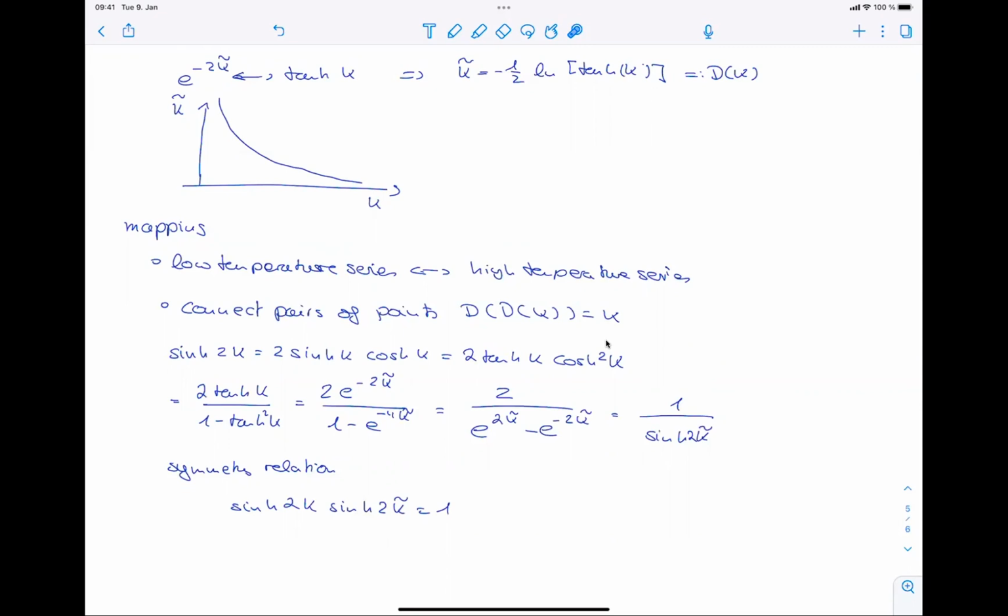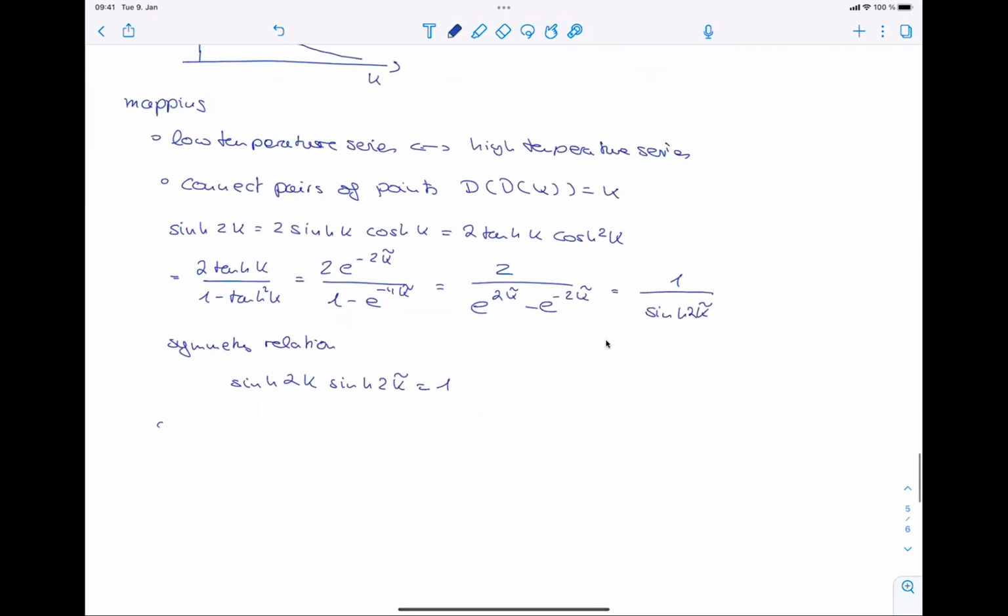And if I can map the low temperature to the high temperature, then the singularity should map too. So I should have a singularity in the high temperature series expansion as well. And so what I need to do is search for the singularity in this mapping, and I will find my critical temperature.